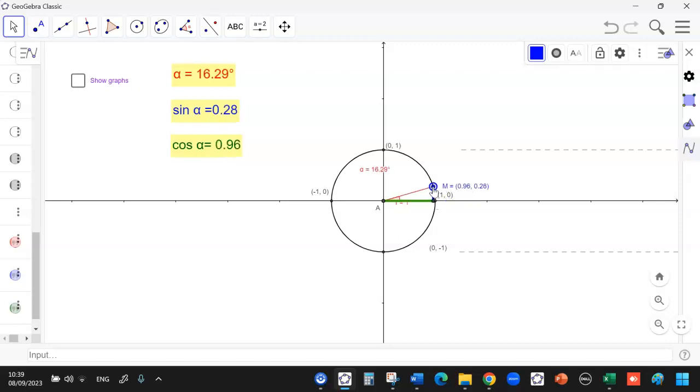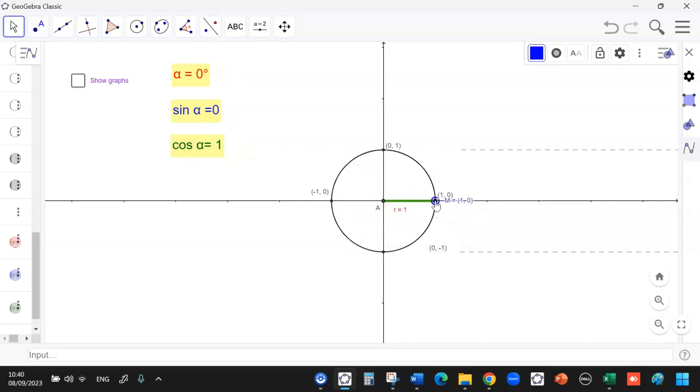Let's focus first on the sine, that's the blue line. It goes up from 0 to 1, and then goes down from 1 to 0, and then down to -1 and back to 0.